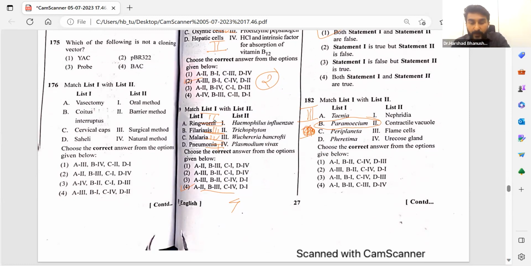Periplaneta would be cockroach, so C would be 4. That is uricose glands. Pheretima would be earthworm, so it would be 1. So A3, B2, C4, and D1. Our answer would be option number 2.